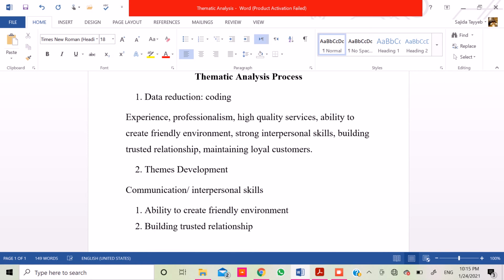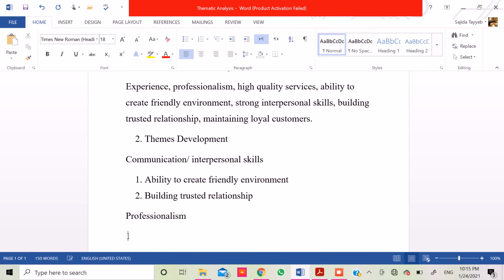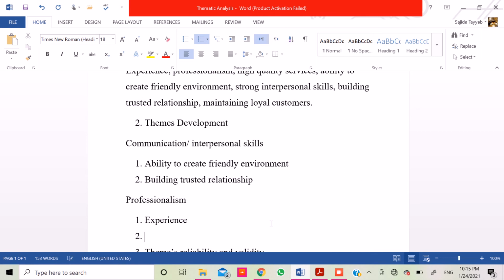This time you can call it professionalism. Let's call it like this. So this will be another theme. This one will include experience, because experience definitely is one of the main points or sub points of a good professional career. Okay, then let's see if there's anything else.